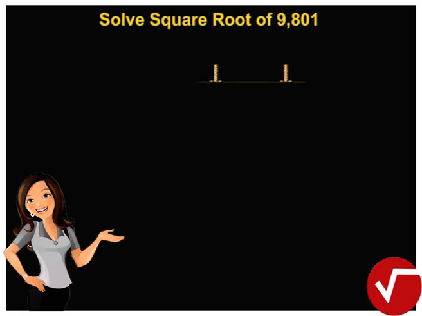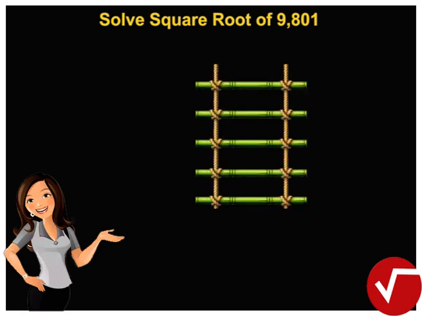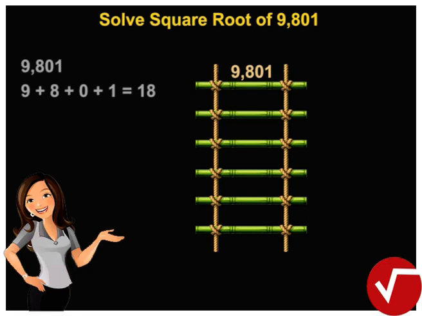Let's try one more example and find the square root of 9801 using the ladder method. Let us start with drawing steps of the ladder and writing the number 9801 at the top. We need to find the smallest prime number which exactly divides 9801, as the sum of all the digits of the number 9801 makes a total of 18 and 18 is divisible by 3.